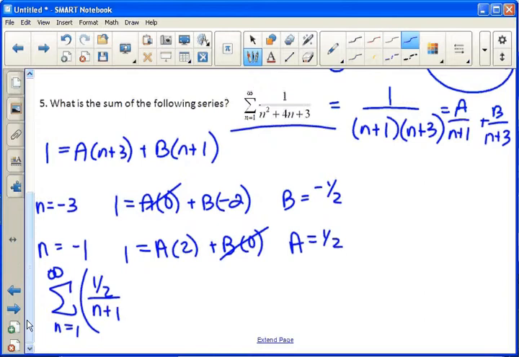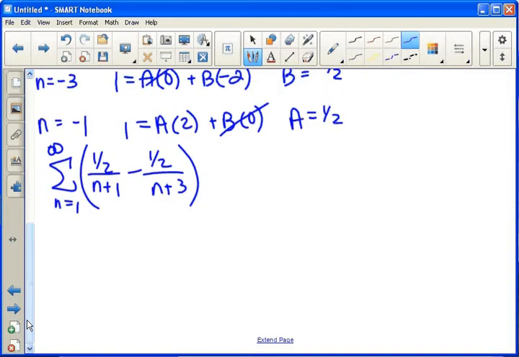So to find the sum, we're going to need to expand this until we figure out what cancels out and what doesn't. So as I plug in 1, I get 1/2 over 2 minus 1/2 over 4. Plus, now I plug in 2, 1/2 over 3 minus 1/2 over 5.